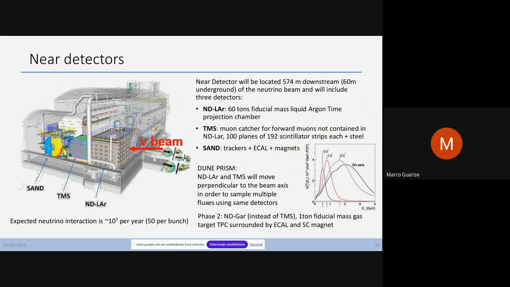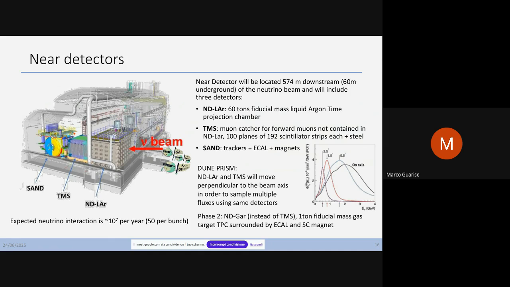Then once we have our neutrino beam, we should precisely measure the features of this beam, so the flux and the composition, and we will do this exploiting the near detector complex, which is composed of 3 submodules.